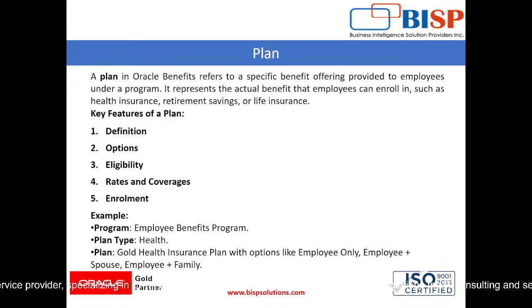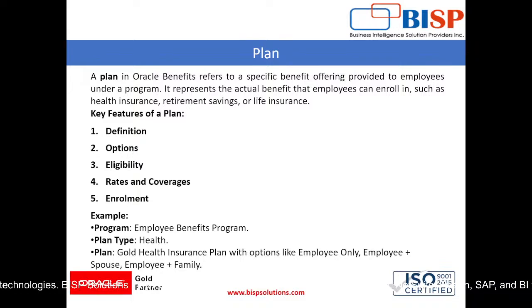There are a few key features of a plan. The first one is the definition. A plan is created under a plan type. So we have created a plan type, then under that we are going to create a plan.